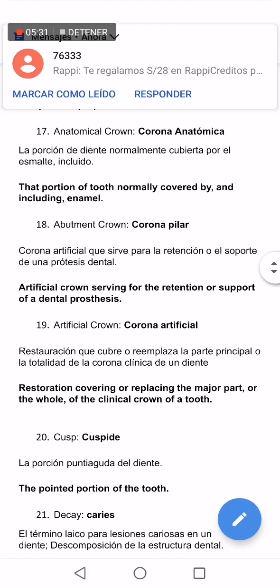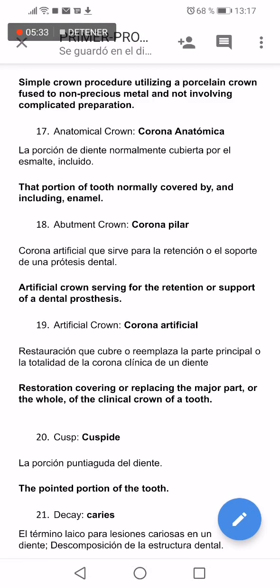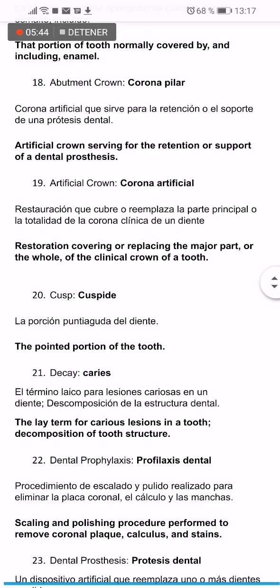Next, corona pilar: artificial crown serving for the retention or support of dental prosthesis. Artificial crown, corona artificial: restoration covering or replacing the major part or the whole of the clinical crown of a tooth.